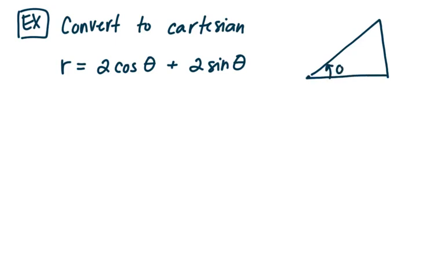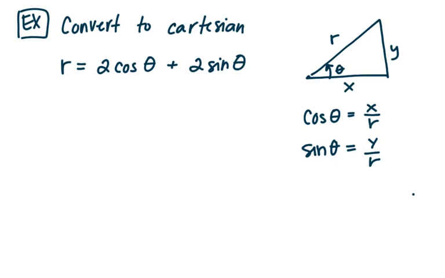So we have theta, x, y, and r. And if we wanted to relate some of these variables using right triangle trig, we could say that cosine theta, remember cosine is adjacent over hypotenuse, so x over r. And the same for sine, but sine theta would be opposite over hypotenuse, y over r.